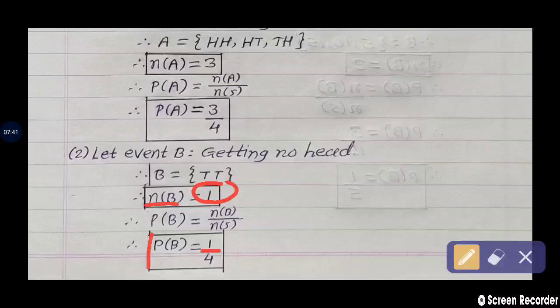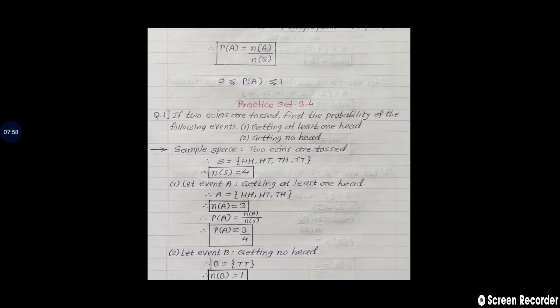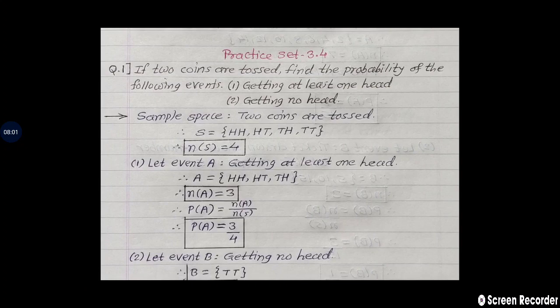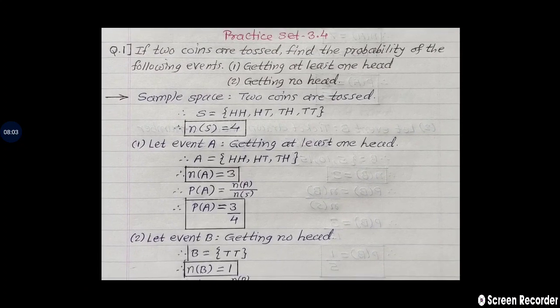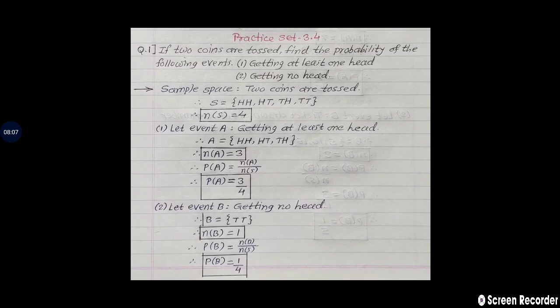So 1 upon 4 is the probability of event B. We highlight our final answers this way. All of you understood this first question? Clear? See it carefully, how to write the answers of the questions given in this practice set 3.4. Next.